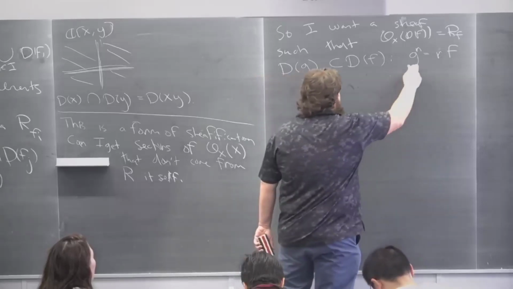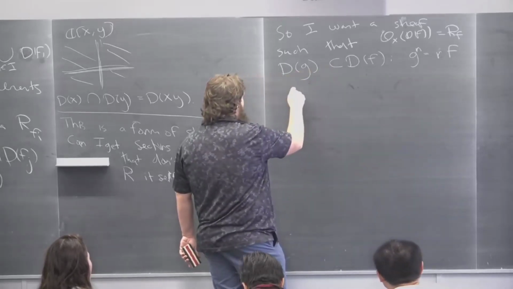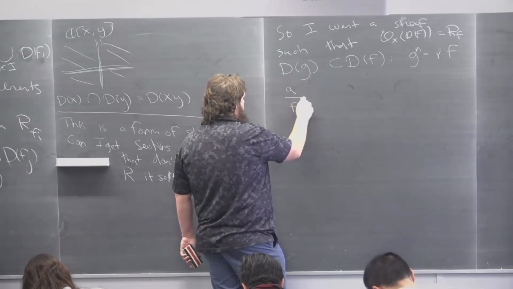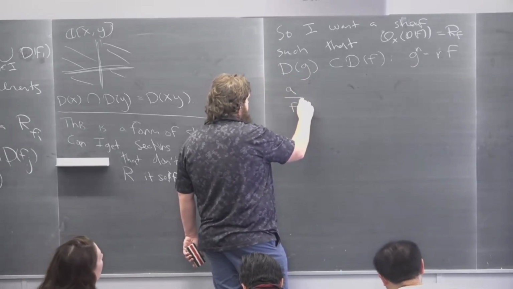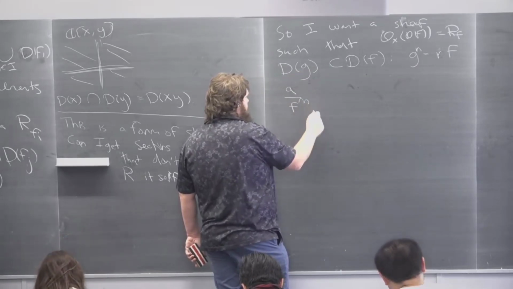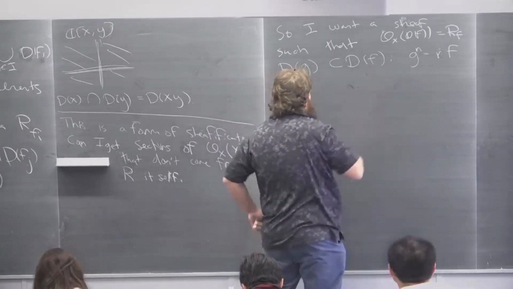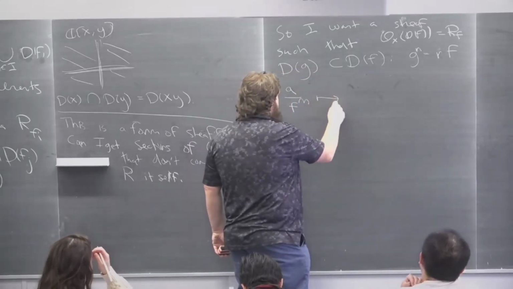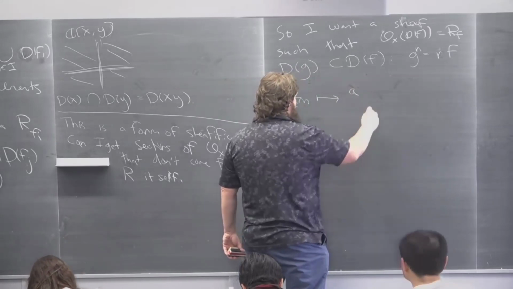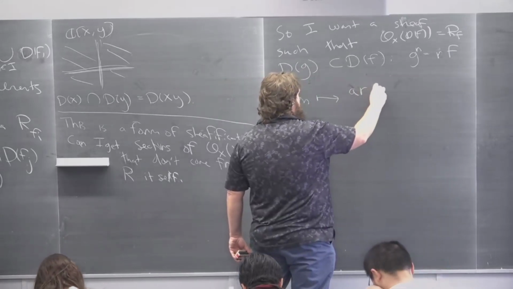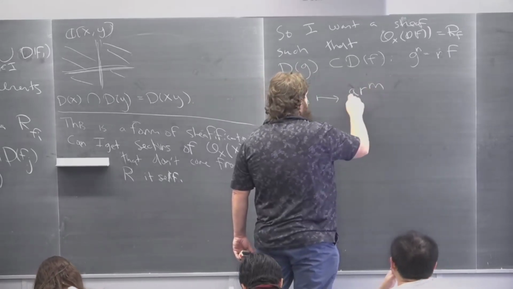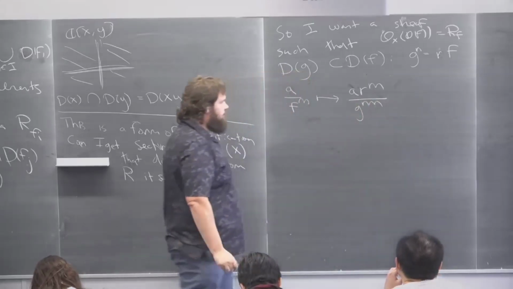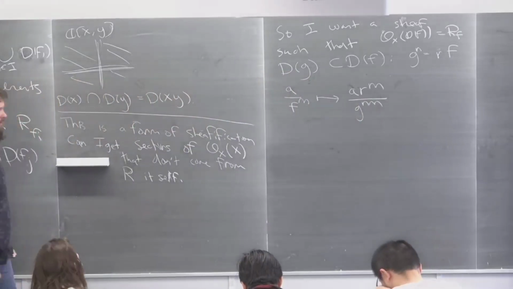But this means that if I have some fraction A over a power of F, then I can use this equation to write it as A R to the M divided by G. So this is my restriction map.